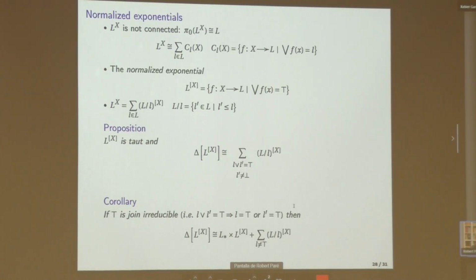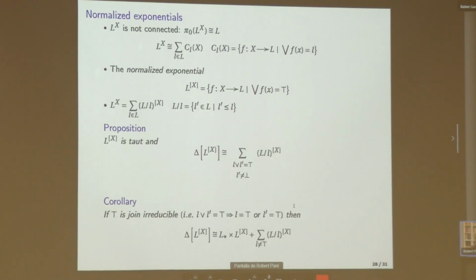And now L to the x is the coproduct of these, over slices L slash little l, to the brackets x. So L slash little l is just the comma category, which is the downset of L, if you like. It's the set of L prime that are less than or equal to little l. And these are also sup lattices. The difference now is not as nice as before.